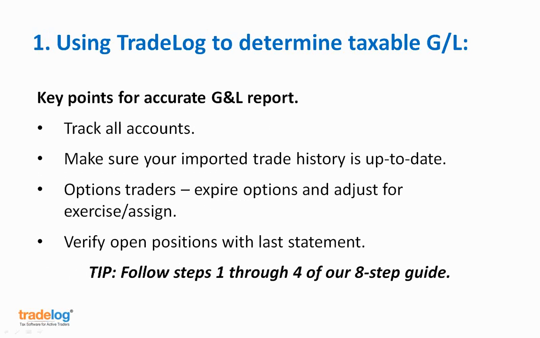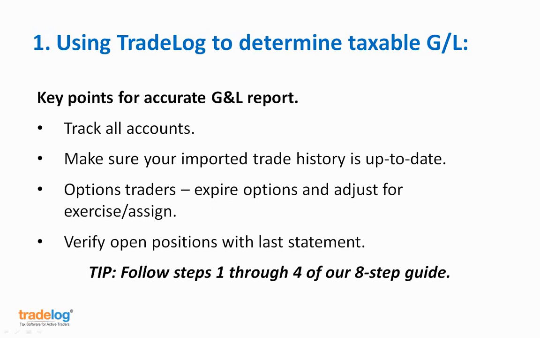So let's look at the first point, using TradeLog to determine your taxable gains and losses. Some key points, and then I'm going to switch over to a TradeLog demonstration and show you some things in the software. First of all, if you want an accurate gain and loss report in TradeLog, you need to make sure you're tracking all of your accounts.